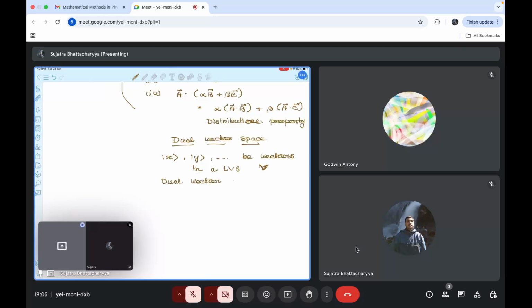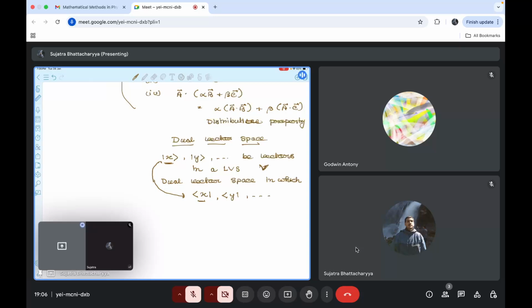So there is a dual vector space in which we write those in bra notation, that is this. See, this is the ket notation, this is now the bra notation. So x, this is y, and so on. Corresponding to each vector x, there is another.